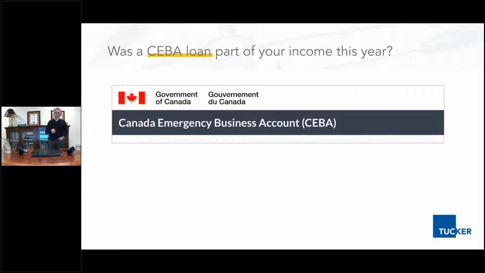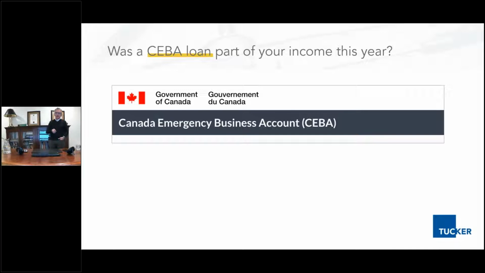Well, the reason I'm pointing this out to you is we need to know if you got this, not your professional corporation, not your corporation, but if you were a self-employed individual with a business and you qualified for this, we need to know. Because the way this program is working is the government wants you to record or report the grant portion that you will receive if you repay it in the future.